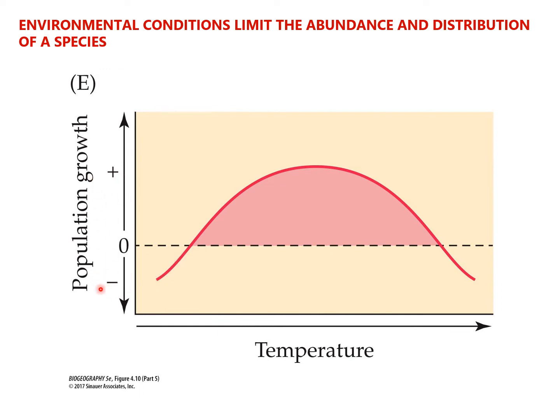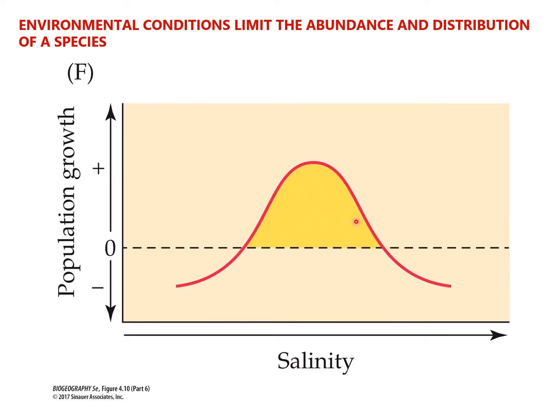This is negative population growth, a population decline, because the individuals of the species are stressed, and so they don't survive or they don't reproduce, or whatever the case may be. The population declines outside of this range.